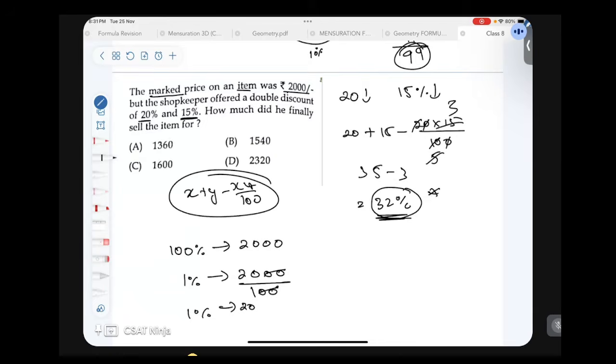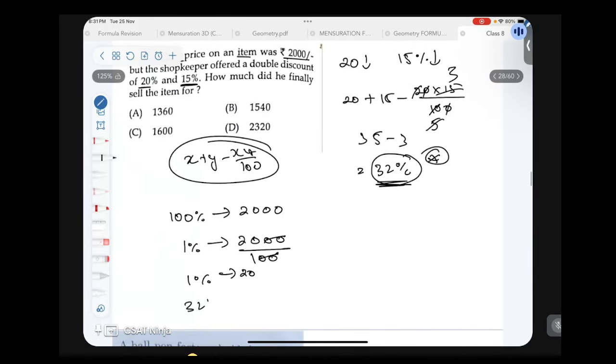We need to find 32%. 32% will be how much? 20 into 32, which is equal to 640. That means there was a discount of 640.